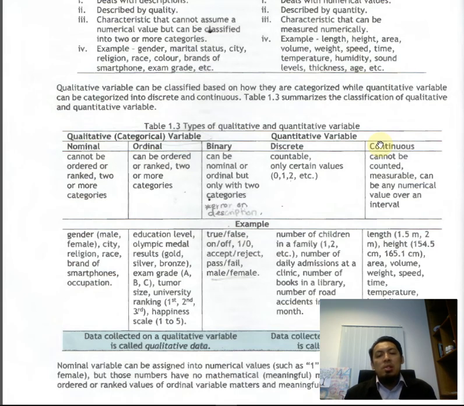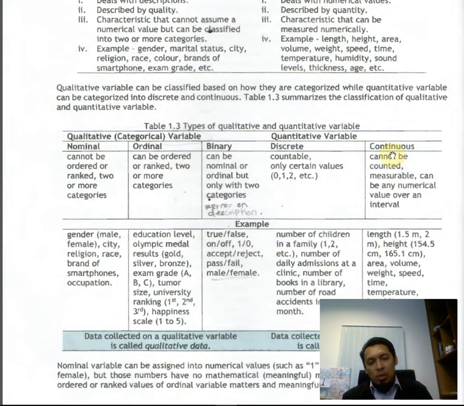The difference is, if you look in terms of words, discrete is countable and continuous is not countable. We can't really count it, right? Because for discrete, it can only exist in whole numbers. So you have 0, after 0 is 1, after 1 is 2, after 2 is 3, or whole number.